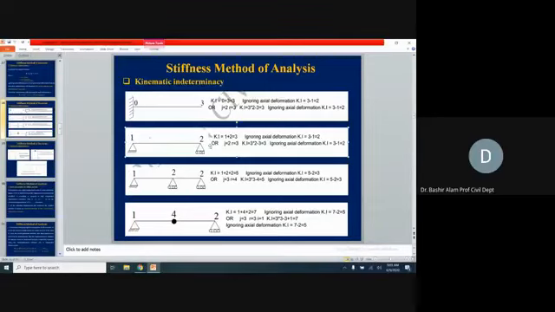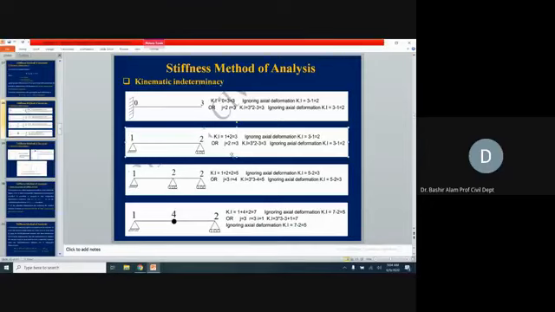In the direction of the member, the structure is not going to move. That displacement we are ignoring. So theta at left support and theta at right, theta L and theta R, are going to be our kinematic indeterminacy. Those are the degrees of freedom.